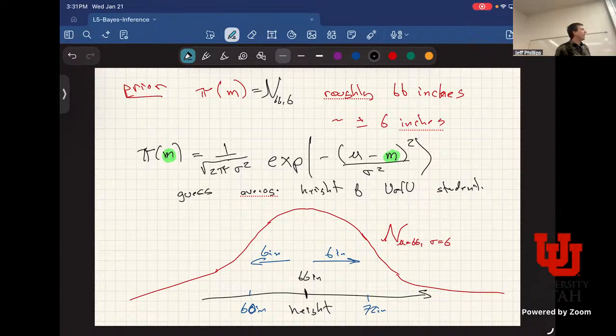So it's probably bimodal, but the average of two normals is again going to look like a normal distribution. We'll see more next lecture. So this is probably okay if I combine them together. We can decide how much importance to put on this, but for now this is our starting point. This will be our prior, which gives us a continuous space, our best guess of the average height of University of Utah students.